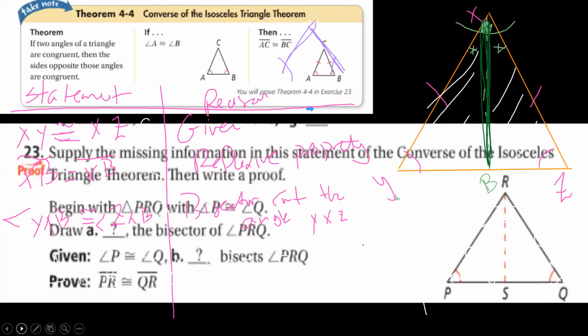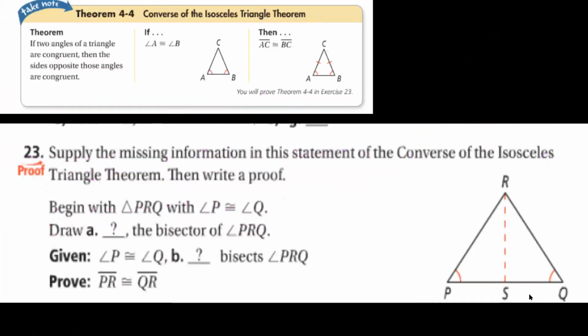Okay. Now, here we have a converse of the isosceles theorem. What's the meaning of a converse of a theorem? That means if A is equal to B, then the converse of it means B will be equal to A. This is the meaning of converse.